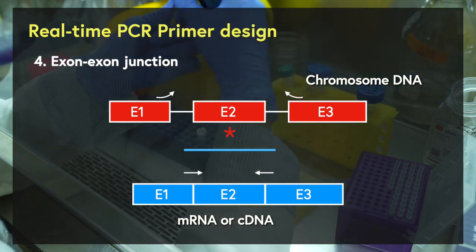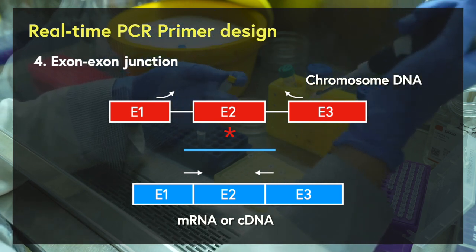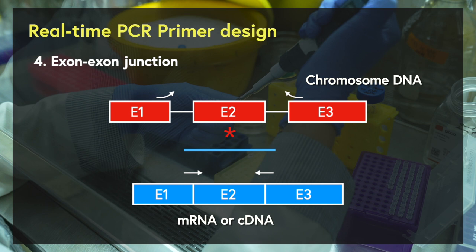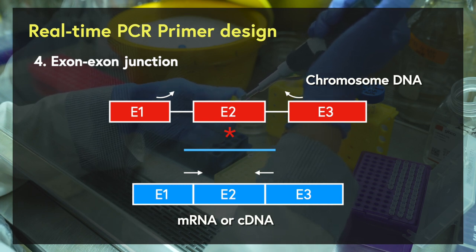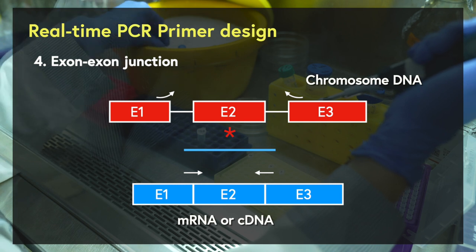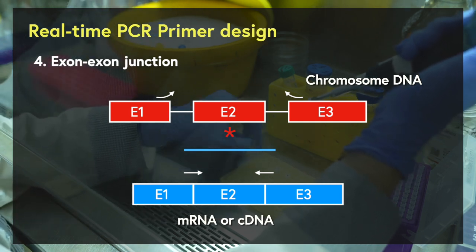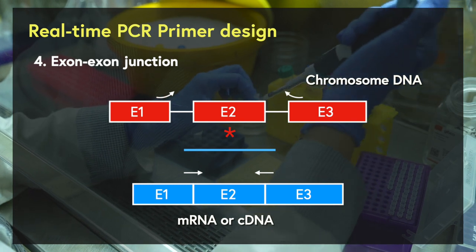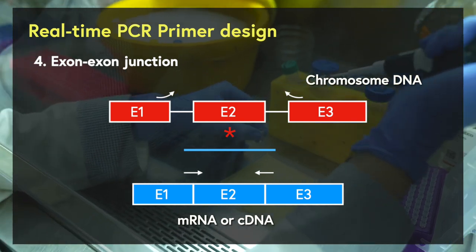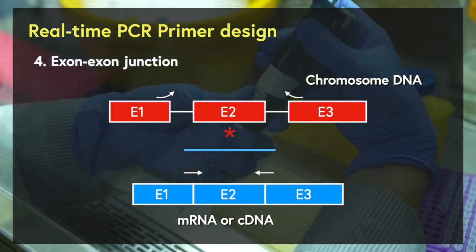But these primers will not be able to bind to the corresponding segments on the chromosome DNA, because remember that several oligos exist on exon 2 and exon 1, and in the chromosome DNA they have the intron in between. Therefore, the primer cannot anneal properly to the chromosome DNA. So that will be ideal.